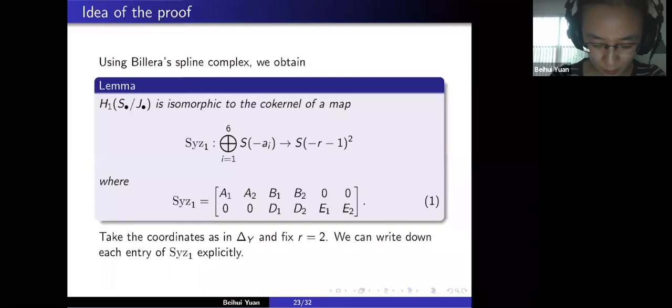It is a 2x6 matrix. And you can see we have 2 zero entries here and also 2 zero entries here. And these are just polynomials. For each r, we know the degree of these polynomials. And when we know the coordinates of the vertices in our configuration, we can actually know what these polynomials are.